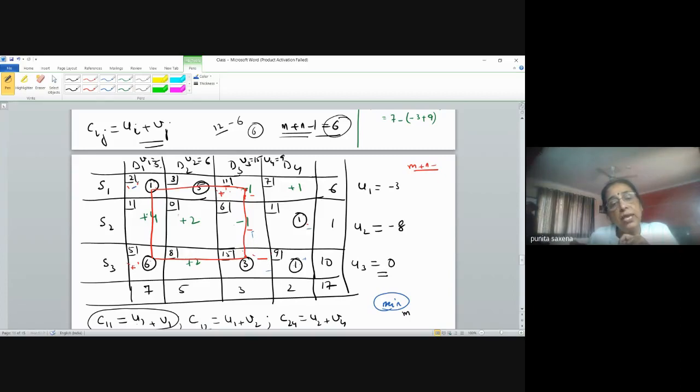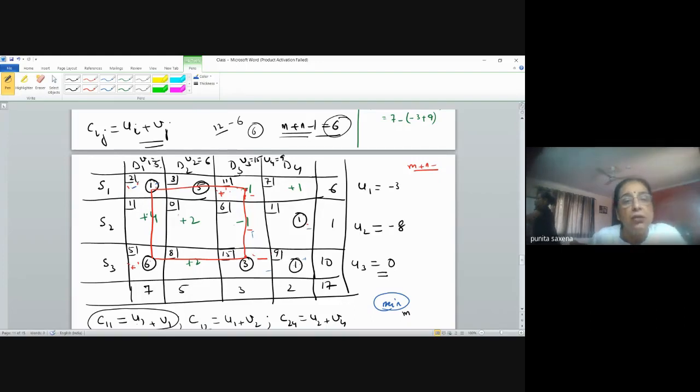But I have 2 cells marked with a negative that have an allocation of 3 and 1. Out of this 3 and 1, which one is minimum? Obviously 1, right? So what we do is we subtract that much amount from the cells that have been marked with a negative sign and add that much amount to the cells that have been marked with a positive sign. Are you getting the point now?